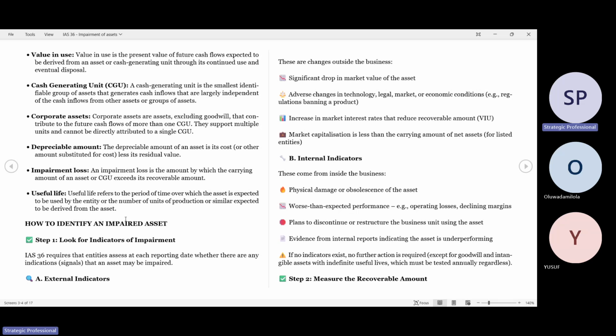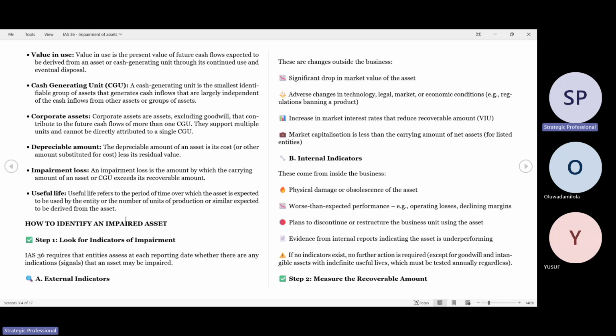That is, at year end, you assess whether there are indicators that your assets have been impaired or not. If your year end is 31st of December, during that period you would have to look at the asset you are recognizing in your books and ask, has it been impaired? Look at the external factors and internal factors, or external indicators and internal indicators.